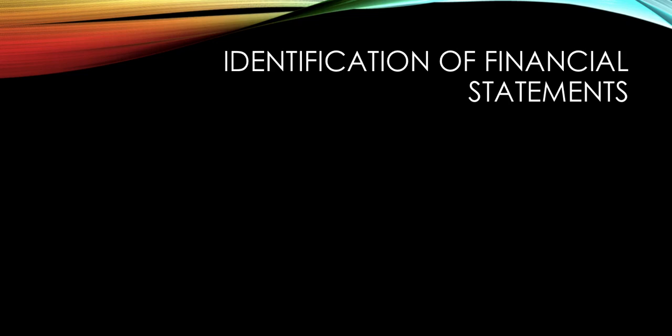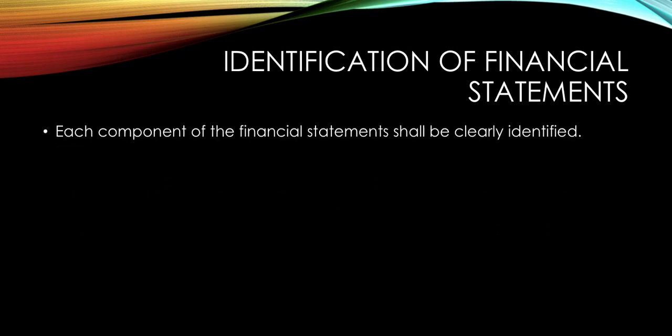Okay, so we are finished with the features. Let's go to identification of financial statements. Each component of the financial statements shall be clearly identified. Although the financial statements show totals, like total revenue and total cost of goods sold, the breakdown is usually in the notes to financial statements.